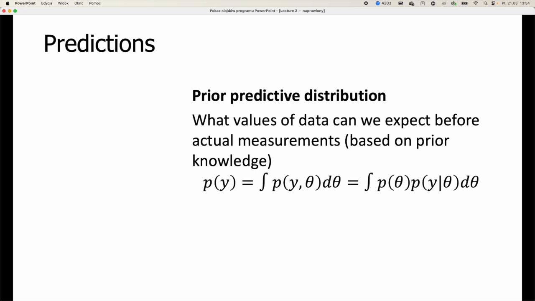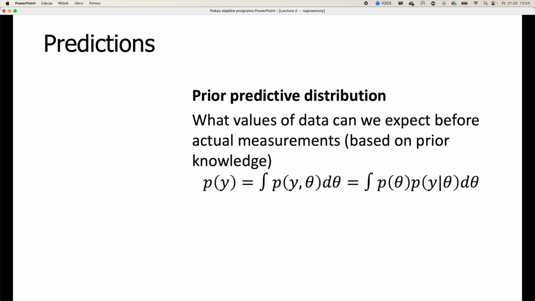For example, if you put an electric motor in an idle run, so it will be running at constant speed, you won't get any information about its dynamics, right? Because that dynamics is not present in the data. So using the prior predictive distribution, you can check what kind of data we can get from that.